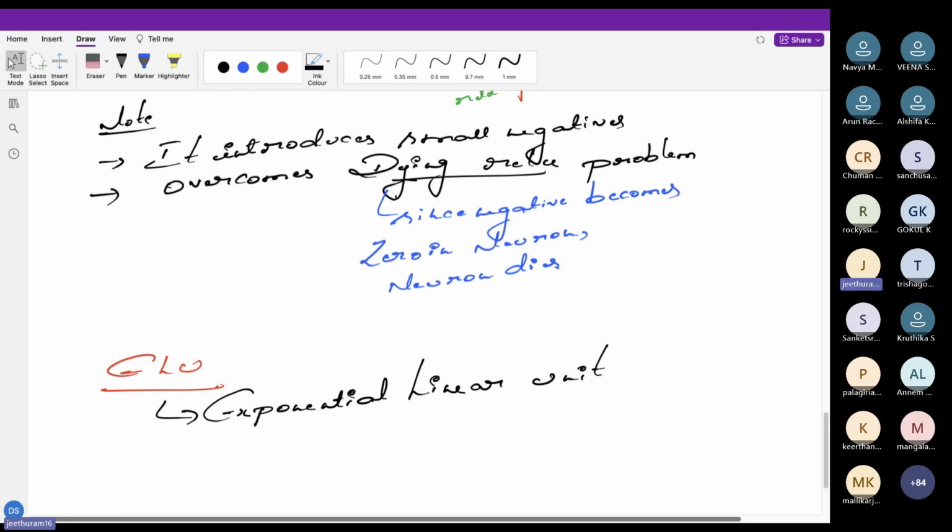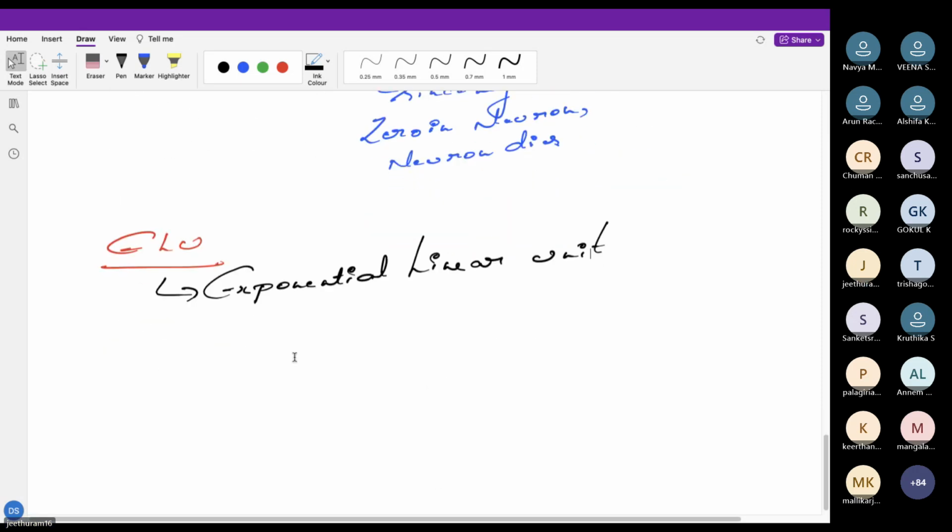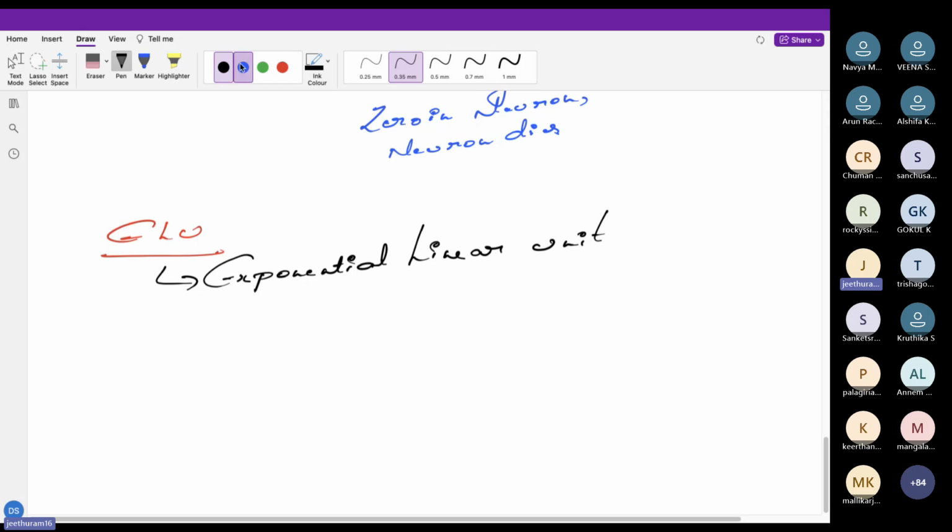It's somehow similar to leaky ReLU only. It behaves like a ReLU for positive inputs, but it uses an exponential curve for negative inputs. Instead of taking alpha x, it will be taking alpha into e power x minus 1.